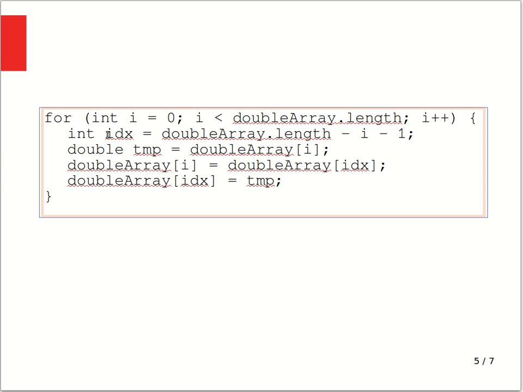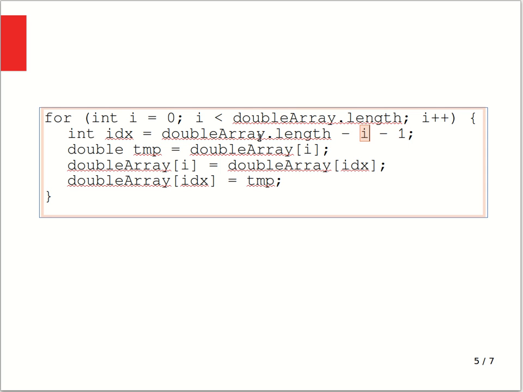It is computed using this formula: the length, subtract i, subtract 1. Every time you see subtract 1, it means it's a zero-based index. So idx is the ith element from the end of the array, right?